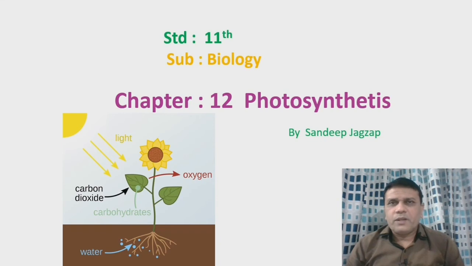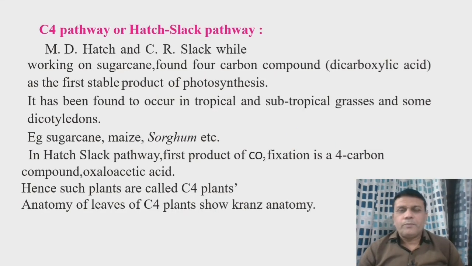Now in this session we are going to learn regarding the C4 pathway, or it is also called as Hatch-Slack pathway. The C4 pathway was first discovered by the scientists called as MD Hatch and CR Slack.